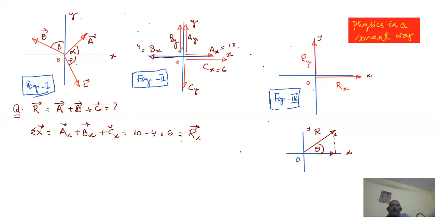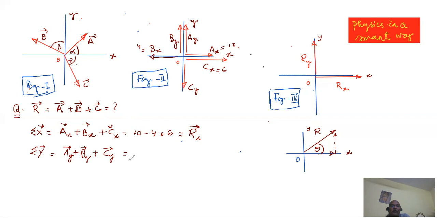Similarly, you combine all the y vectors into one, and that summation of y vectors we put as sigma y. So sigma y will be AY plus BY. When I say plus, it can be minus also, because in your case, CY is downward. So that is addition with proper sign, algebraic addition.